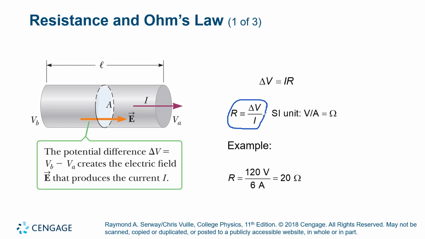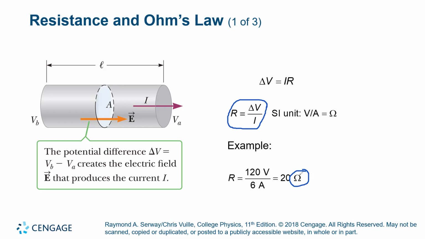So the ratio of the amount of work it takes to get an amp through is called my resistance. We use the ohm unit, which looks like a horseshoe. This is my horseshoe right there. It's named after the scientist who discovered this relationship.